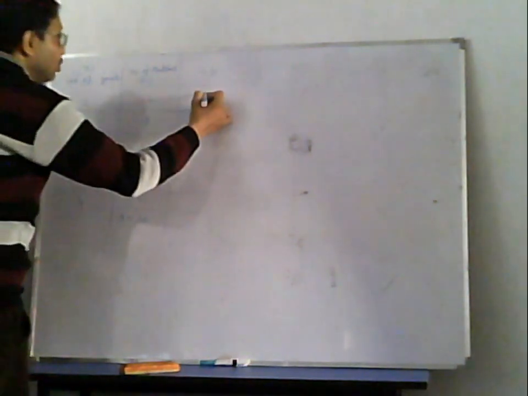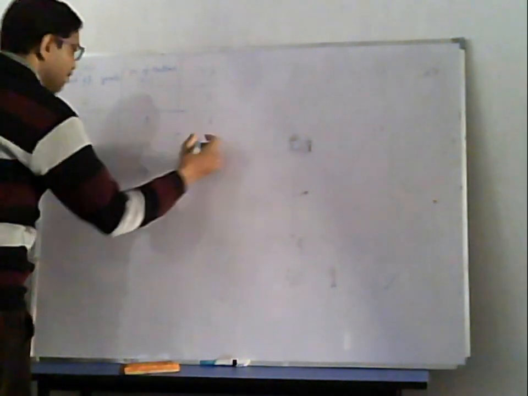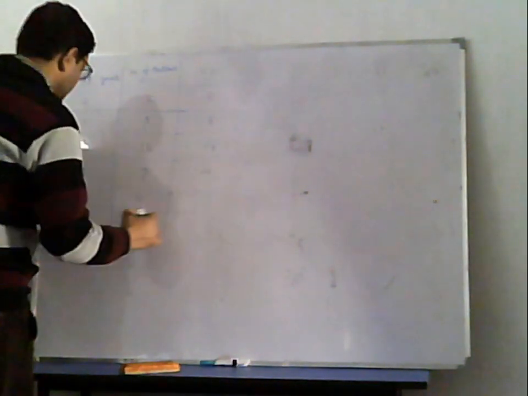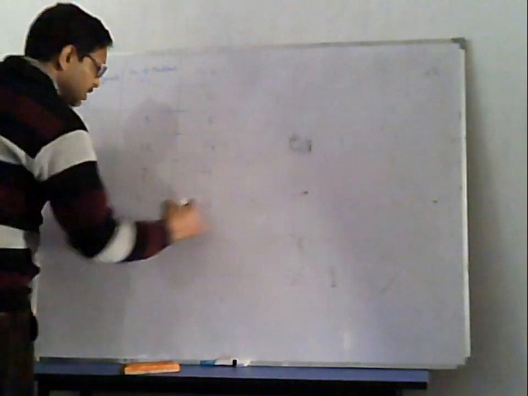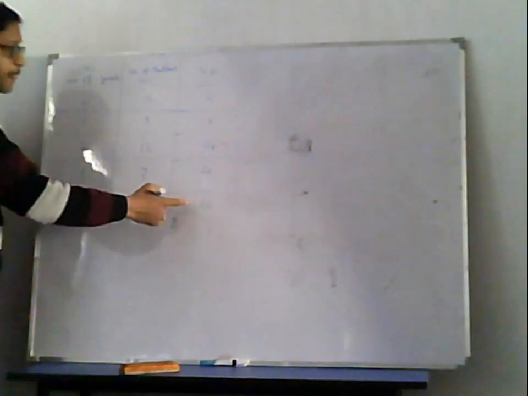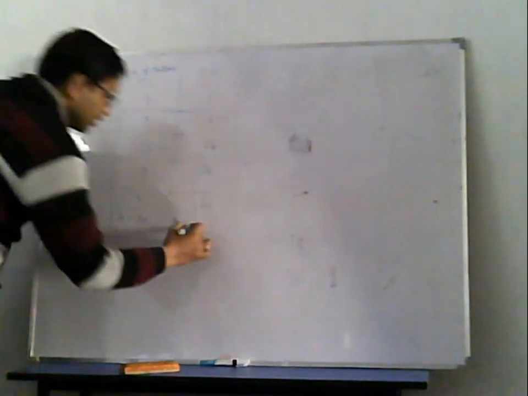So 0 into 2, that is 0, 5 into 1, 5, 12 into 2, 24, 3 into 7, 21 and 4 into 4, that is 16. And the sum of this, calculate in your calculator, is 66.